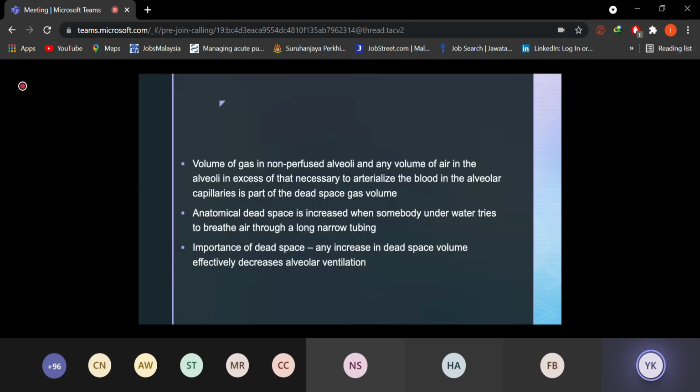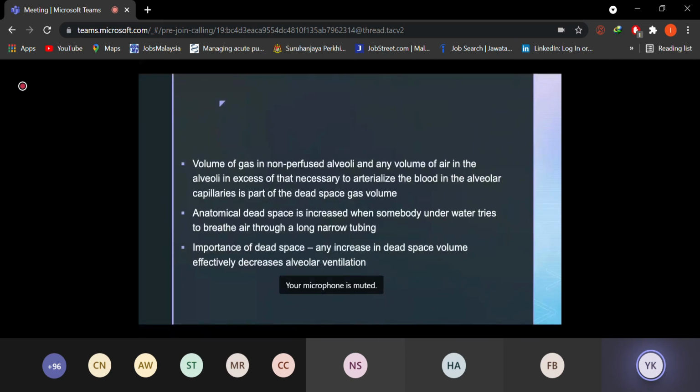It means the volume of gas that is not perfused, and there's too much air in the alveoli that is needed to perfuse the pulmonary blood.